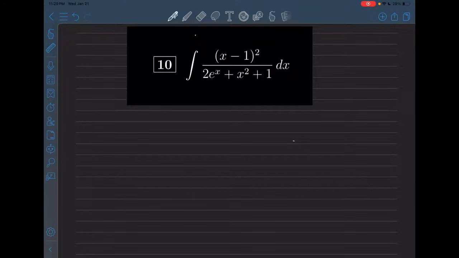Split the numerator into what exactly? Split the numerator and rewrite.